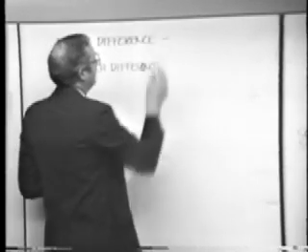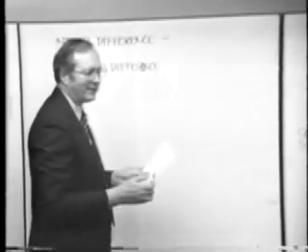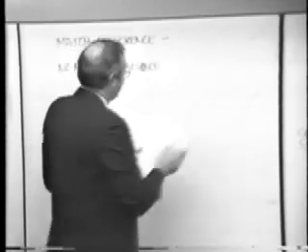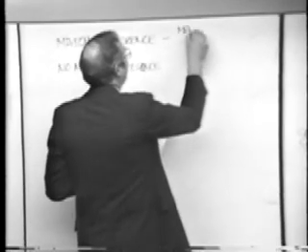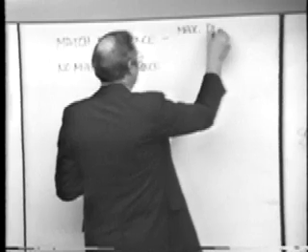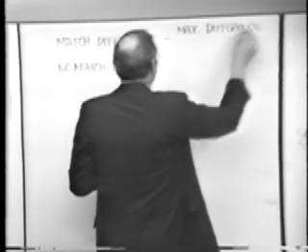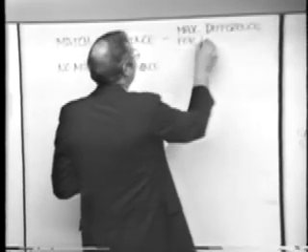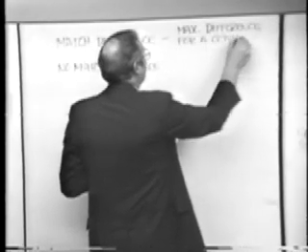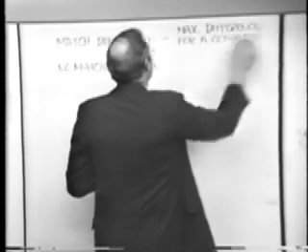Now a match difference, and I'll put in some definitions here because this tends to get a little bit confusing. That would be the maximum difference for a complete match.